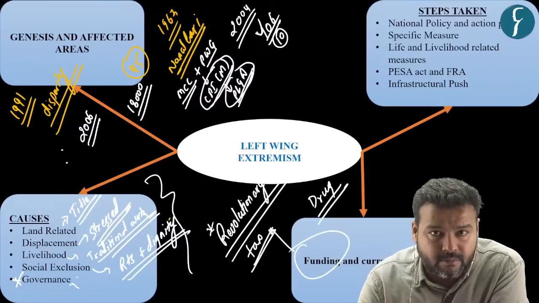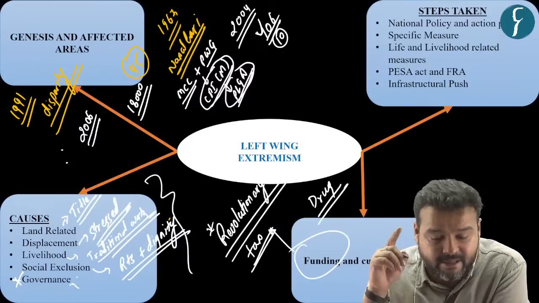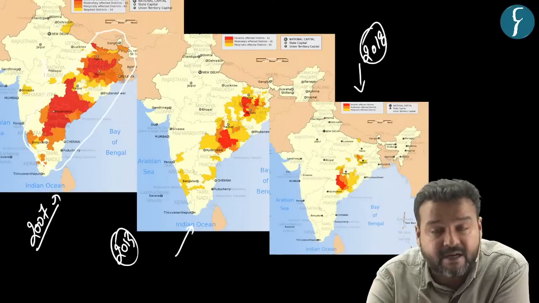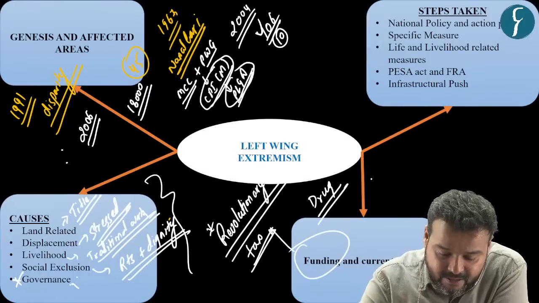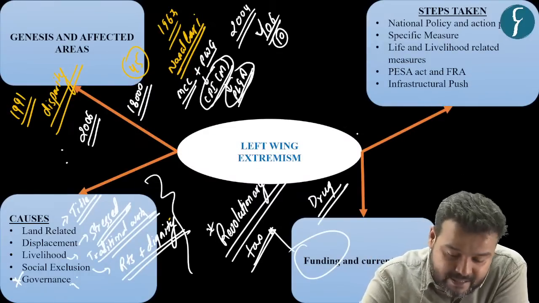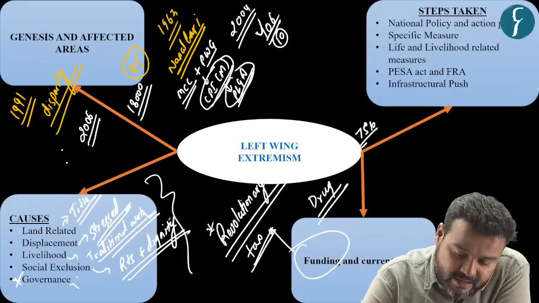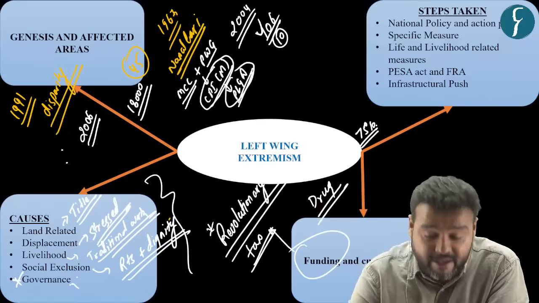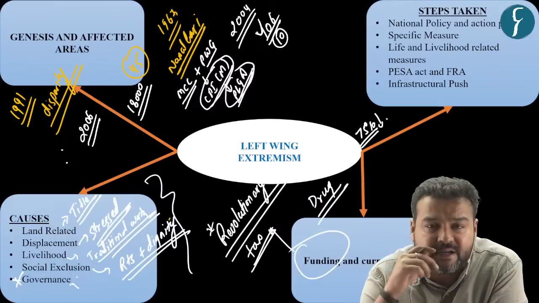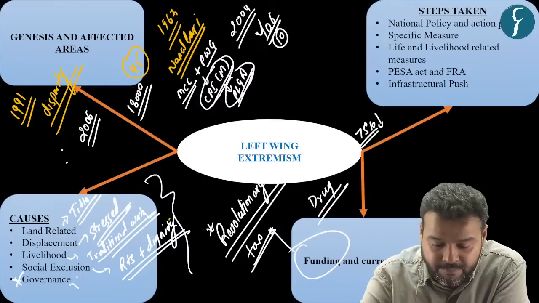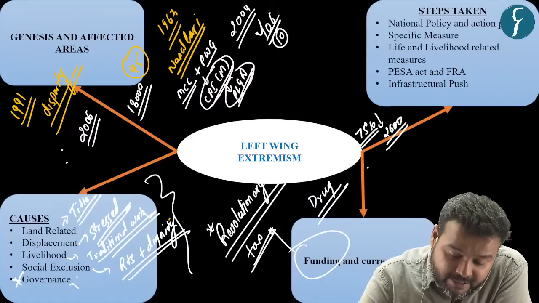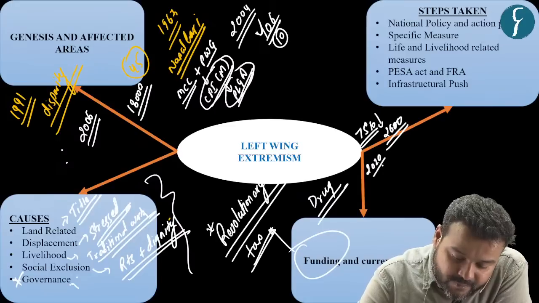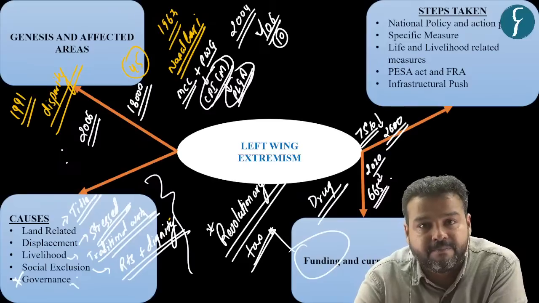So as we discussed earlier, we saw in this map that they are shrinking. They are shrinking to an extent that the incidences of violence have seen a drop of around 75%. In 2008 or 7, it was around 2600 incidences of violence, while in 2020 only 665 incidences were recorded.